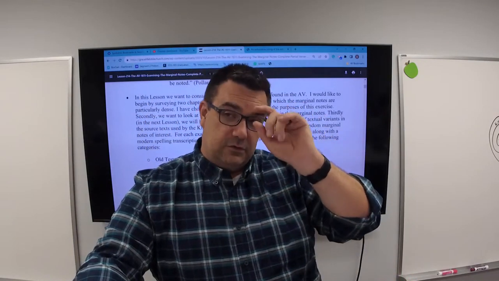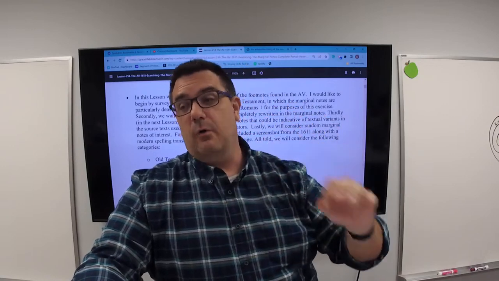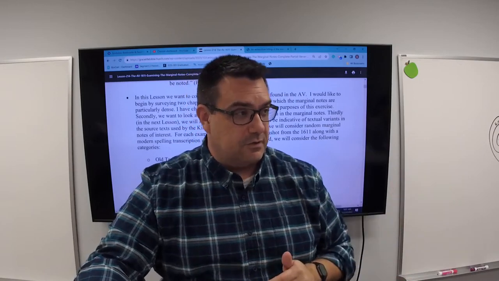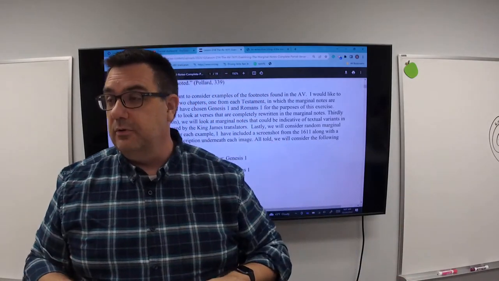When he authorized this project in 1604 at the Hampton Court Conference, he was very specific that he did not want those types of notes in the Bible. So in our previous lesson, we looked at those partisan and political notes.